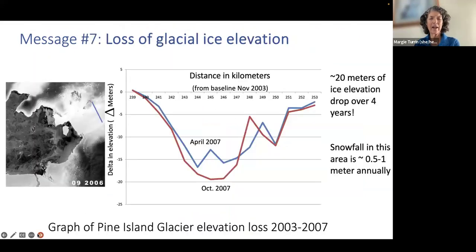And our seventh message is the loss of glacial ice elevation. I had a talk one time with one of the IceBridge scientists who had started the ATM program way back when, before IceBridge was even a thought.